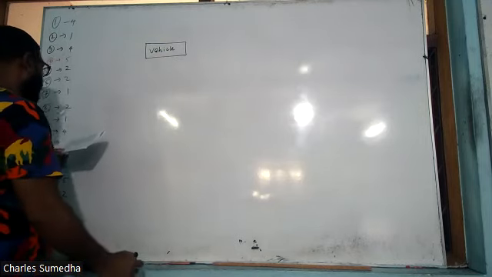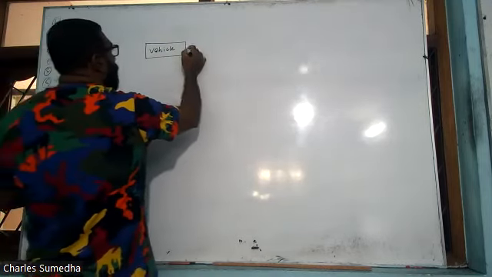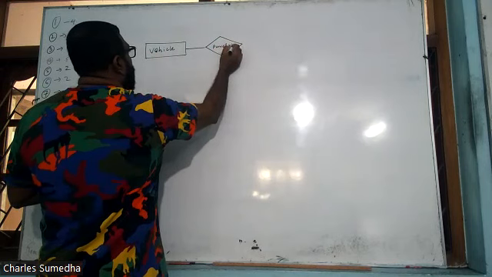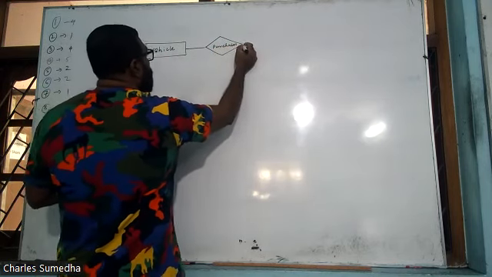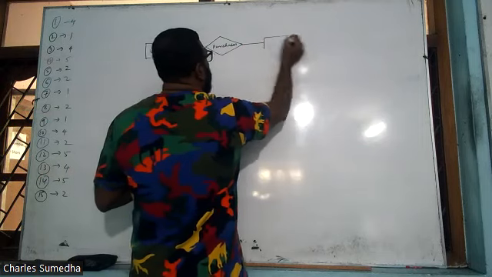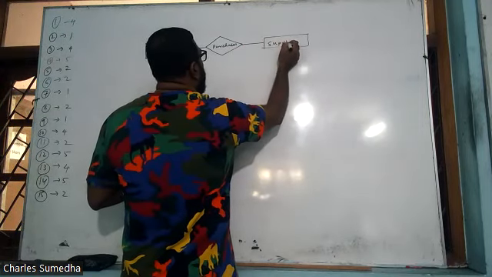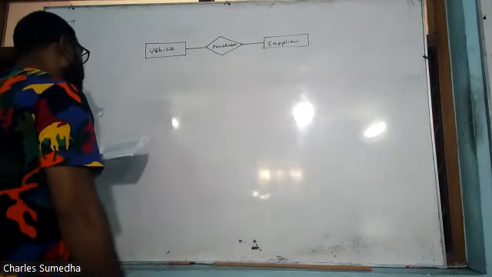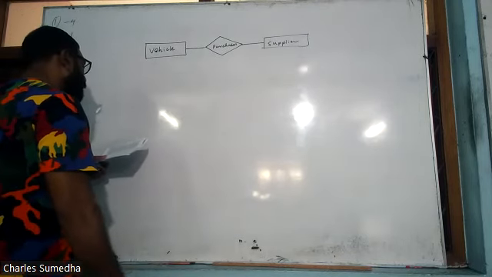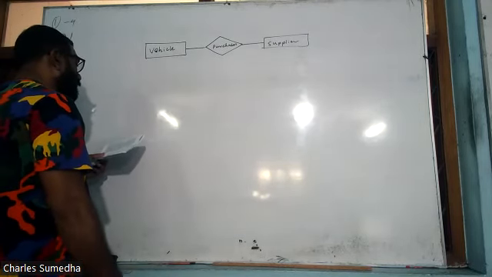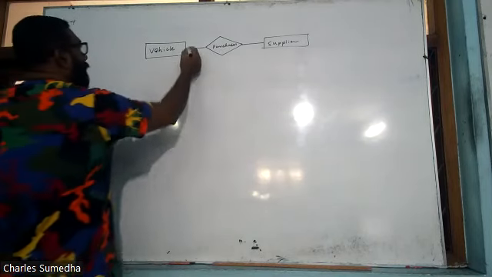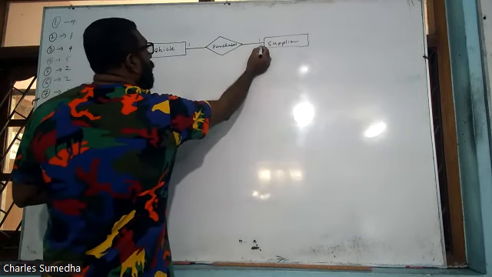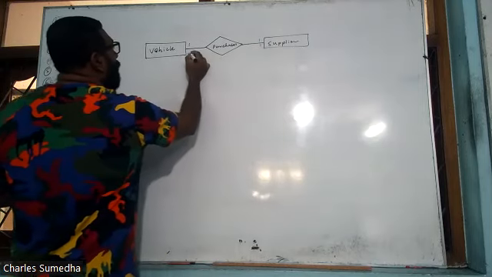We write singular names: Vehicle, Supplier. So one vehicle can be purchased from one supplier. One supplier can supply many vehicles to the company.